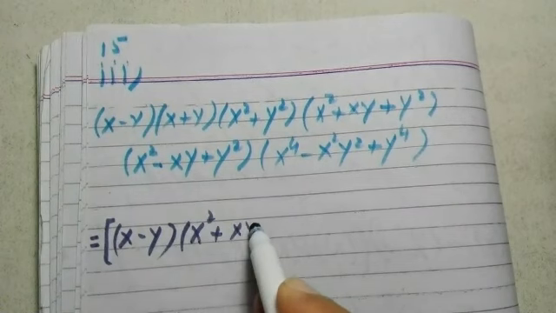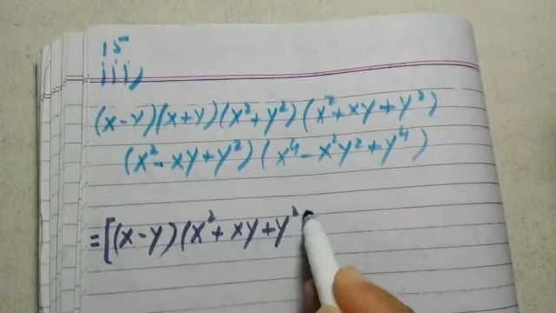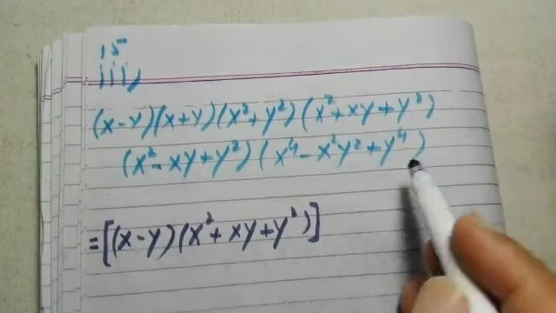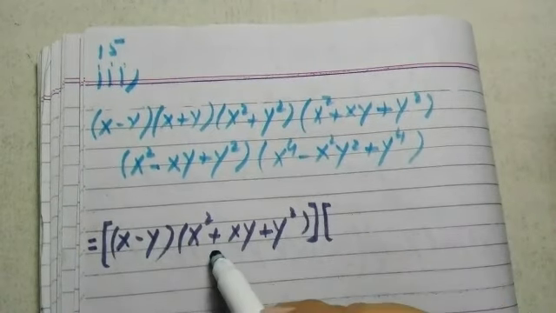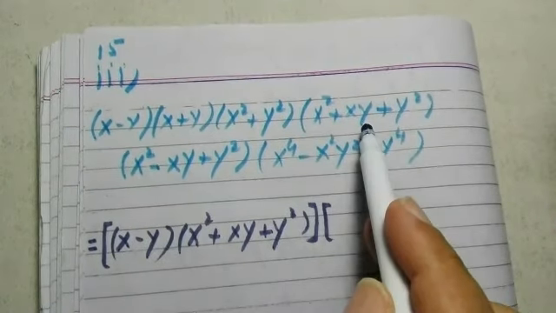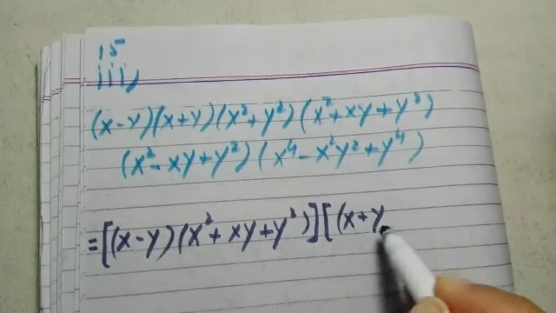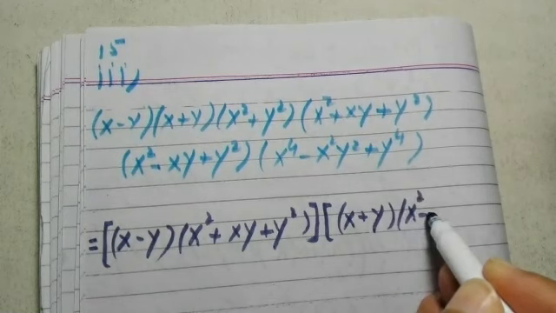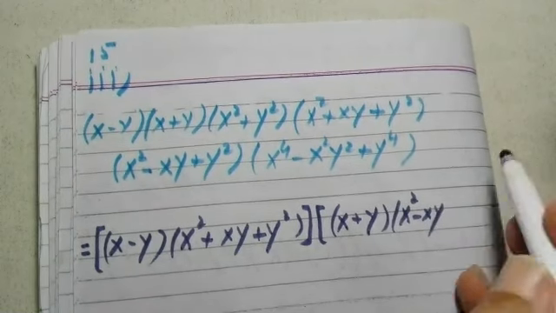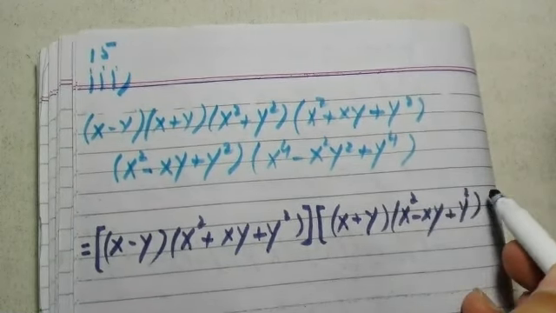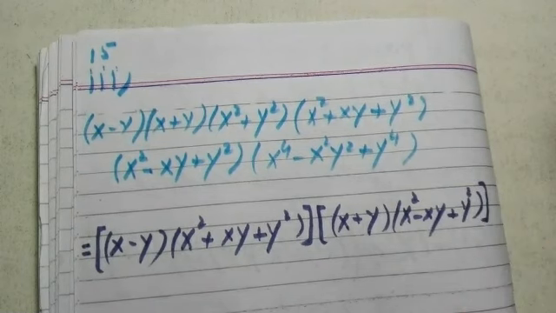I'm telling you that if we know the formula, then we can arrange accordingly. The first pair will be x minus y and x square plus xy plus y square. The second pair will be like this one.